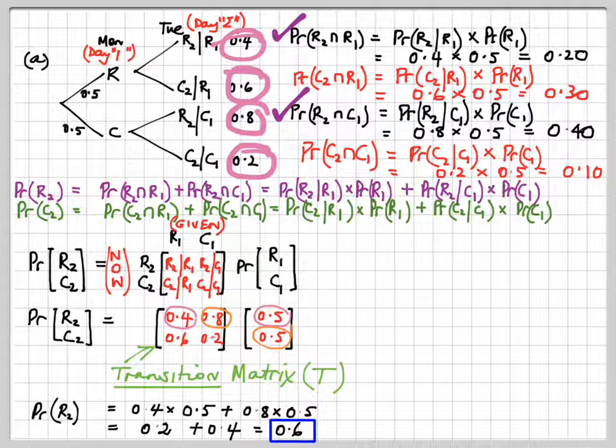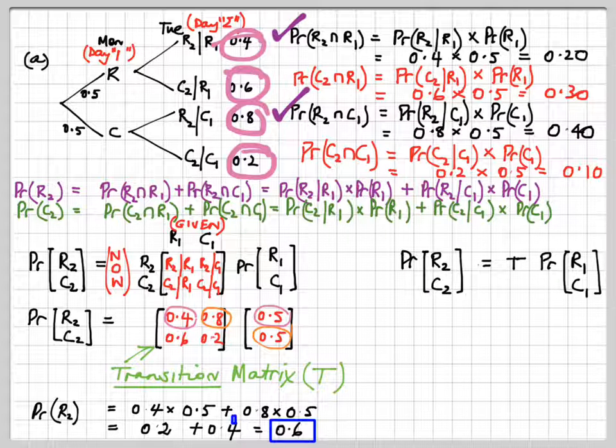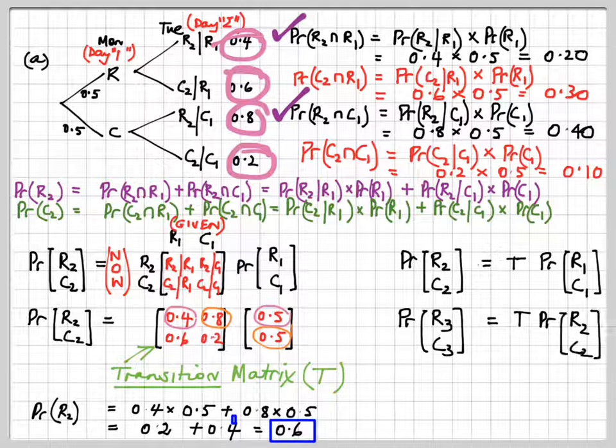Now come on, here's another leap of amazing logic. Watch this. Now we can say that the probability of R2 and C2 is T, the transition matrix, times the probability of R1 and C1, can't we? That's Tuesday coming from Monday. Good. But we can also say the probability on Wednesday, that's day 3 of riding and going in the car, would be the transition matrix times the situation on day 2.